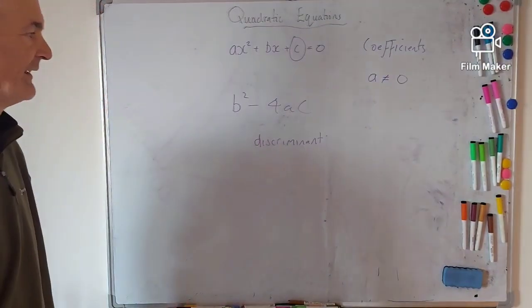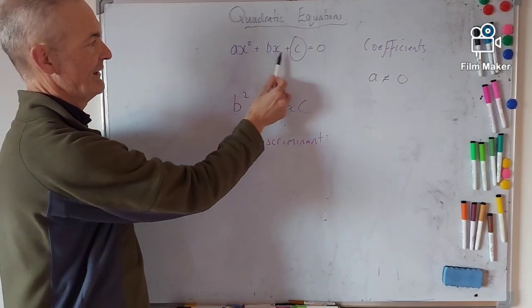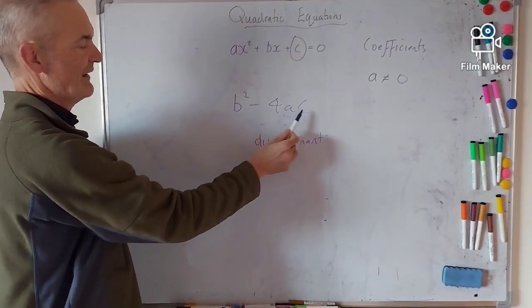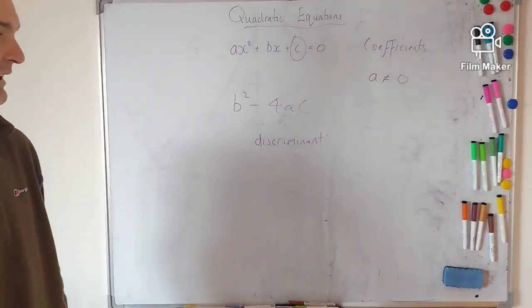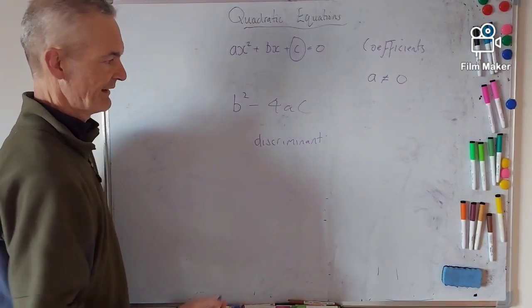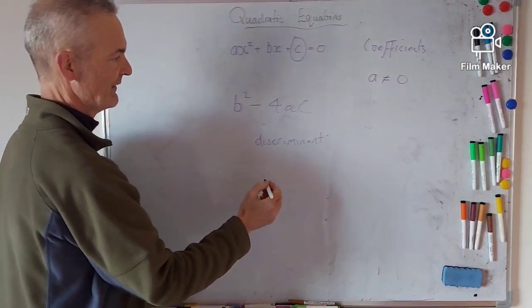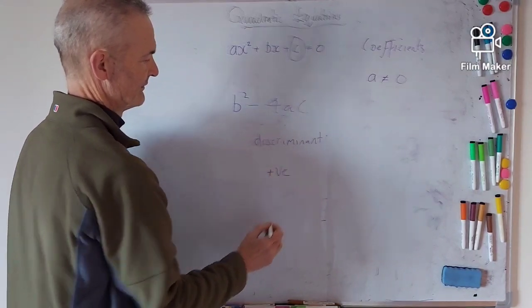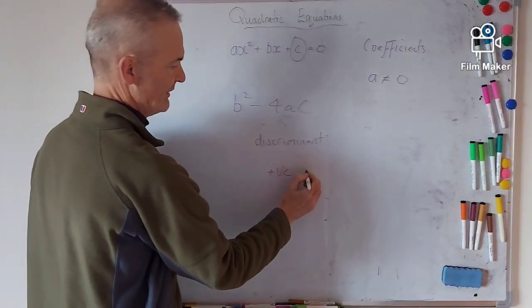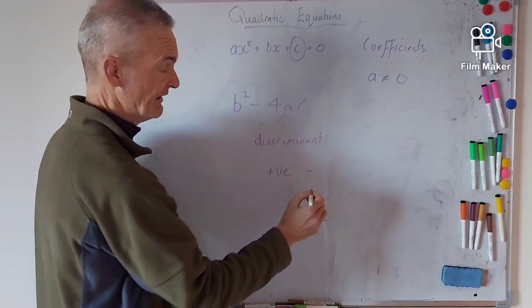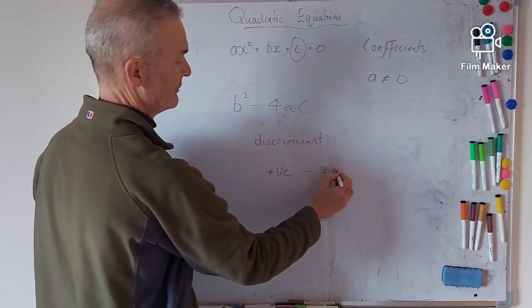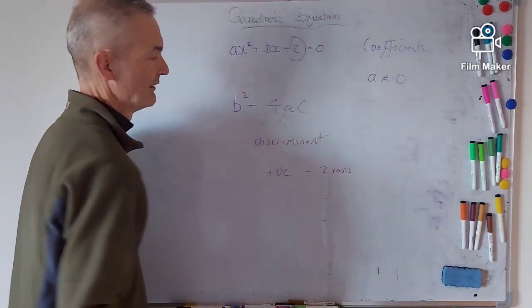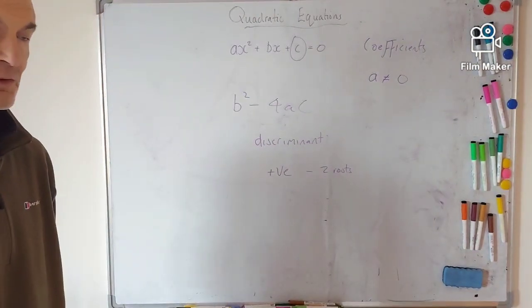If you put in the values from your coefficients into here, you will get an output from that. And if the output is positive, that will tell you that there are two roots, two solutions to the quadratic.